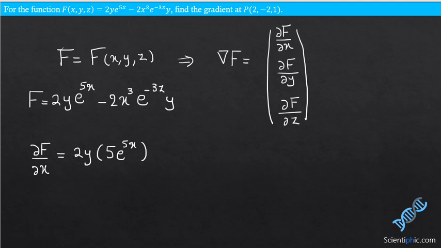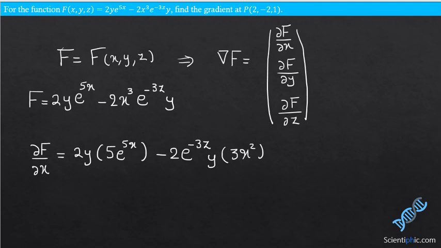In the second term, this part is the constant part, as we said, we take the other variables to be constant, so it's going to be minus 2 e to the power of minus 3z y, and for x cubed it's going to be 3x squared. That is the derivative of x cubed with respect to x.